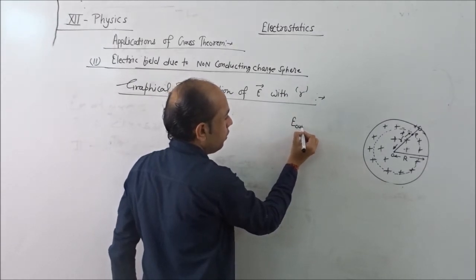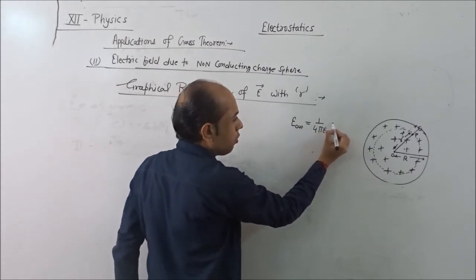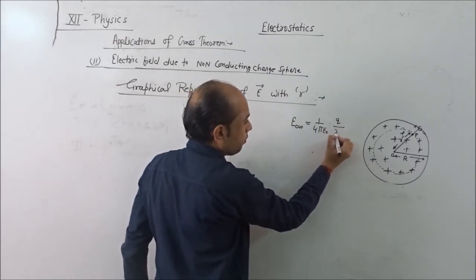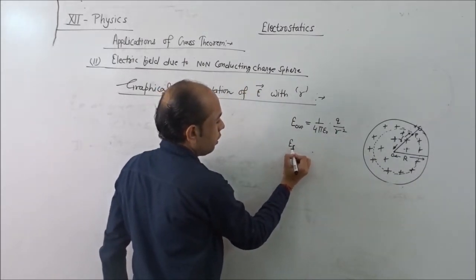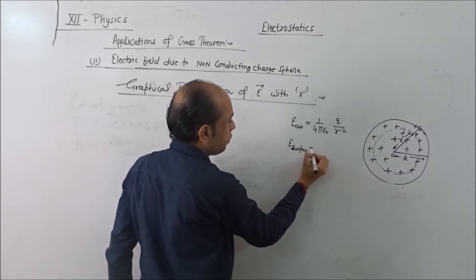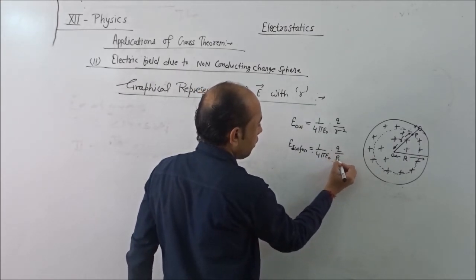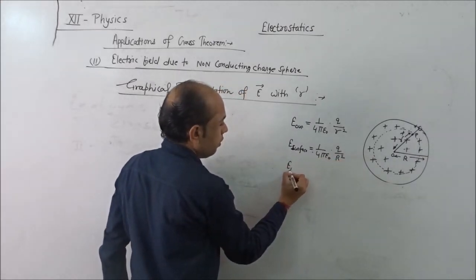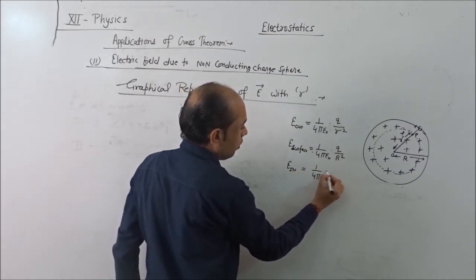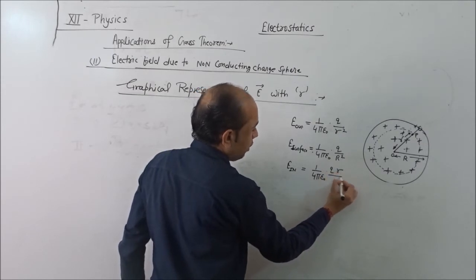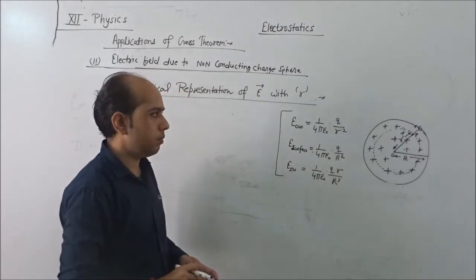E outside, the same as for a conducting charged sphere, is 1 upon 4 pi epsilon naught, q upon r square. Second is E surface, equal to 1 upon 4 pi epsilon naught, q upon capital R square. Third is E inside, equal to 1 upon 4 pi epsilon naught, q r upon R cube. So these are the three results.